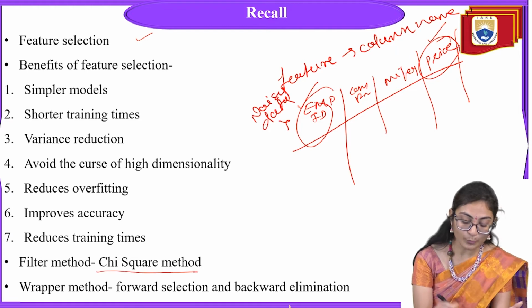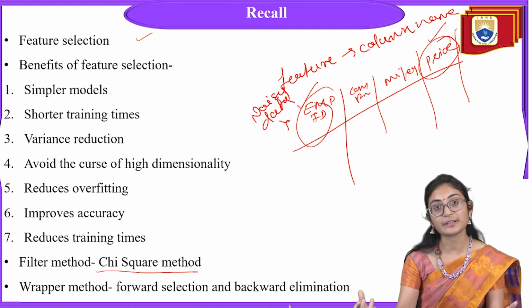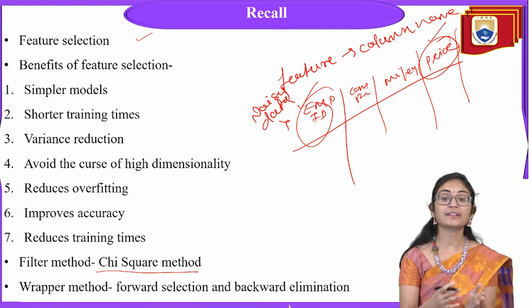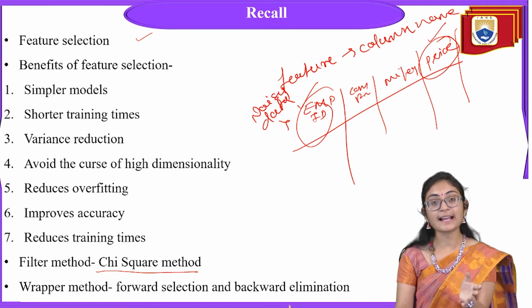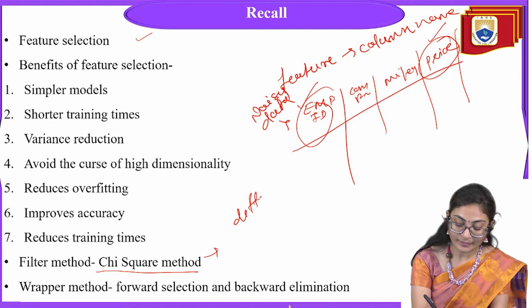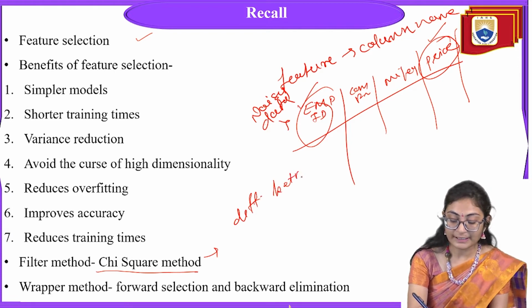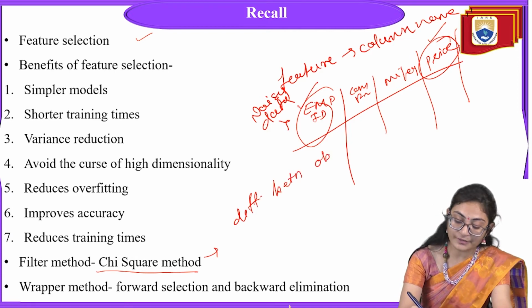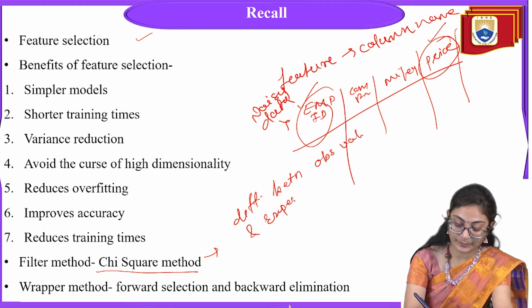And filtered data mostly uses the chi-square method. The chi-square method shows the difference between the observed value and the expected value.